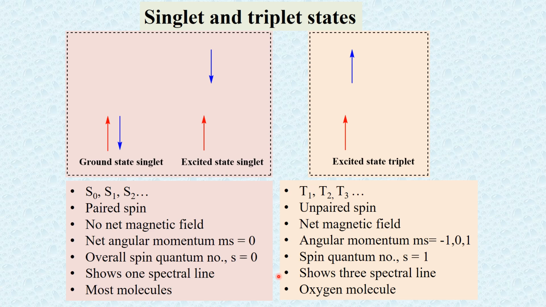And a triplet shows 3 spectral lines, that's why it is called triplet. Most molecules have electrons in their singlet states. There are a few exceptions, and the oxygen molecule is one of them, and it has electrons in its triplet state.